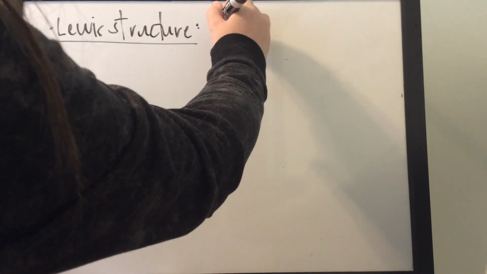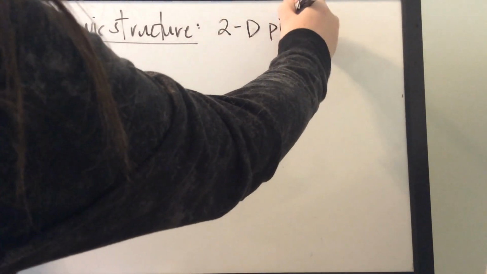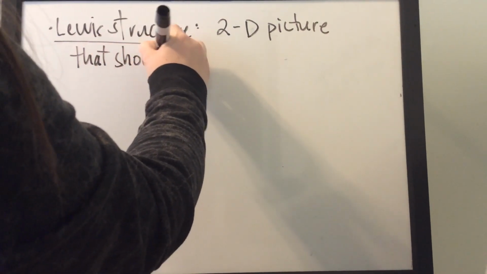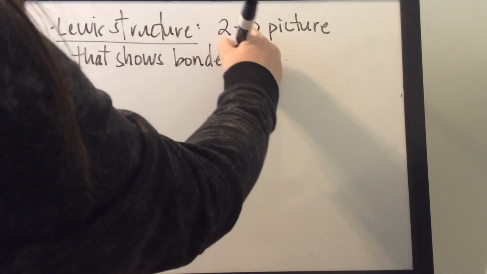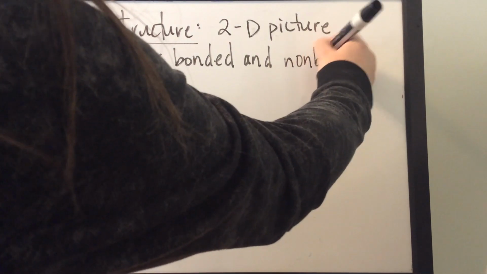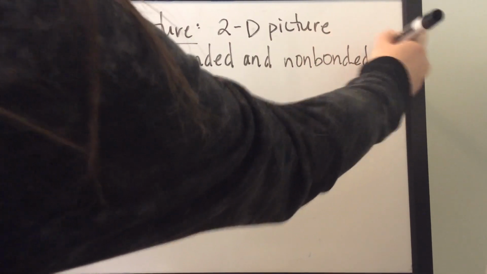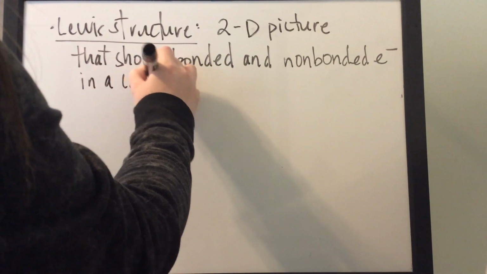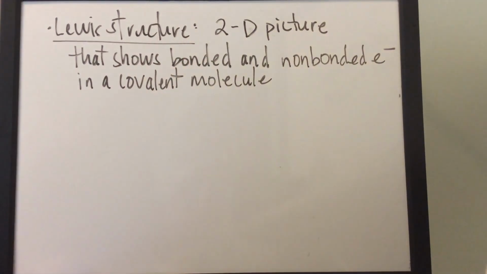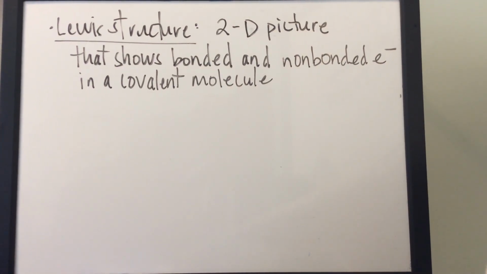A Lewis structure is a picture. It's a two-dimensional picture that shows bonded and non-bonded electrons in a covalent molecule.